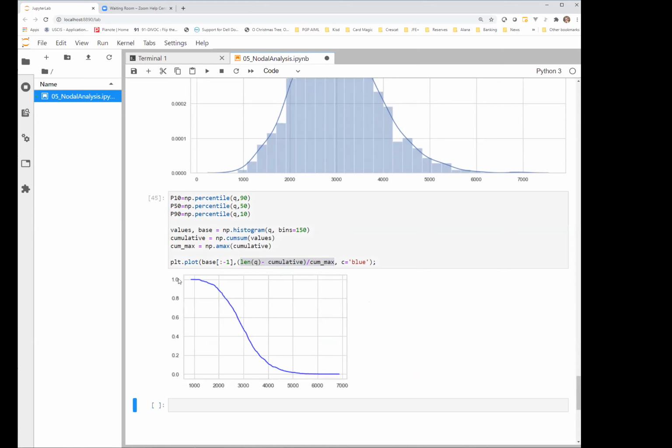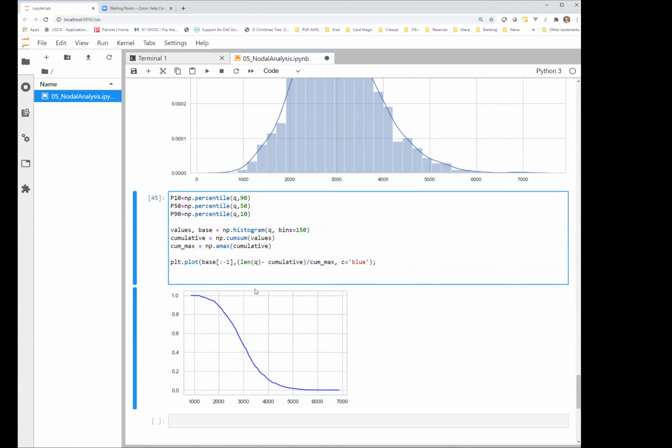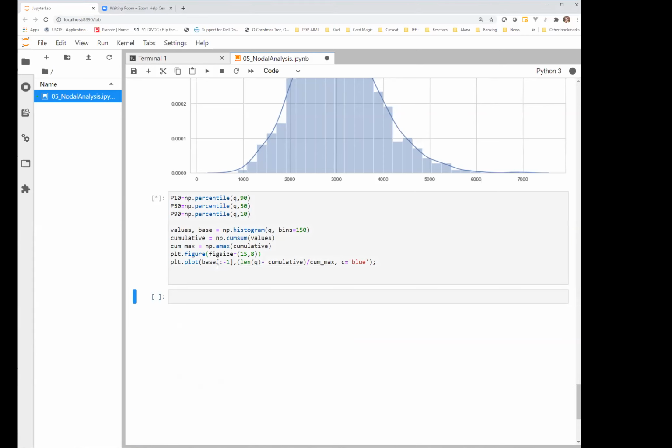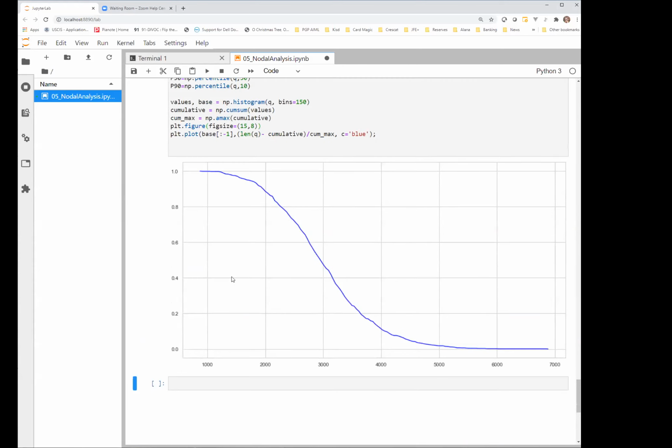So we have on the y the probability, and here the rates. And we can make it nicer. Let's increase the size of the plot, make it that big.